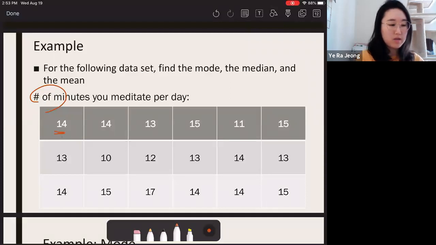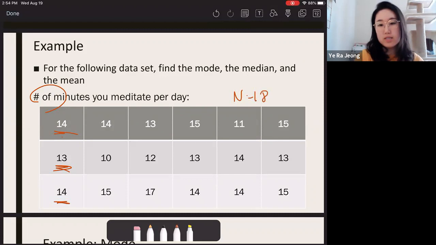So this person meditated 14 minutes, this person meditated 13 minutes, and this person meditated 14 minutes, and so on. So there are n of 18. And now I want to summarize this data so I can effectively communicate and know what's going on in this entire data set.